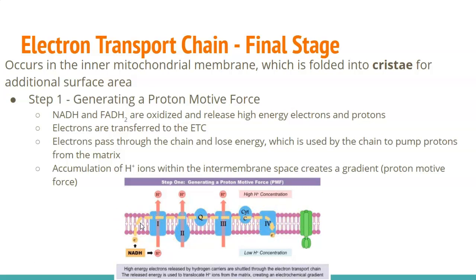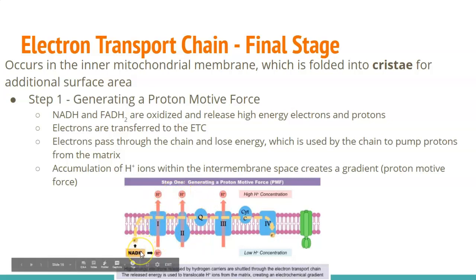When they go in, they are passed through all of these proteins and they lose energy as they go through. But those proteins pick up that energy, and then use that energy to pump these protons, these hydrogen ions, from the matrix into the inner membrane space of the mitochondria.